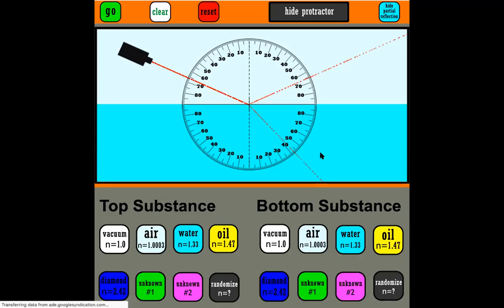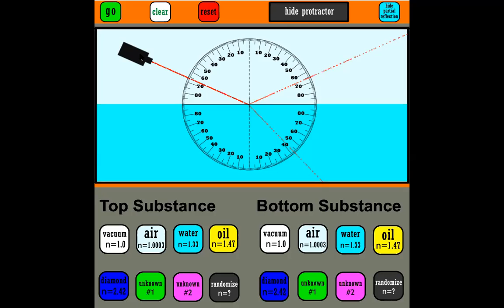Is the velocity faster or slower? Do you remember? We just talked about it. I went through it quickly though. Anyone remember? Slower. Yeah, somebody answered me. It's slower. The greater the index of refraction, the slower the light passes through that substance.